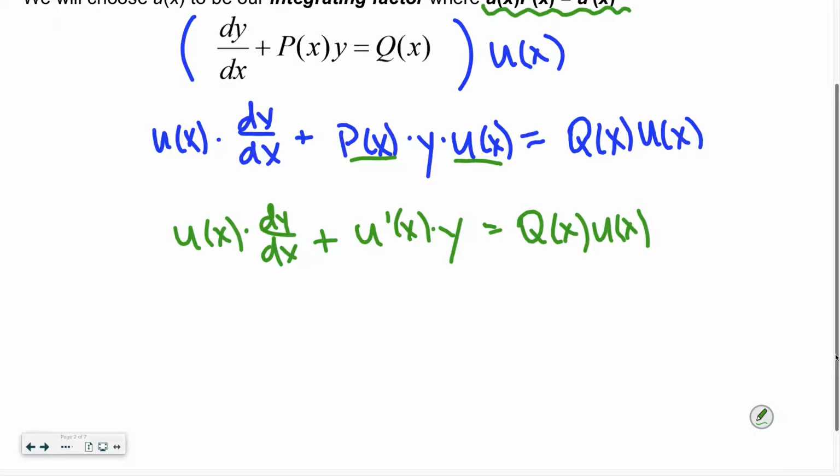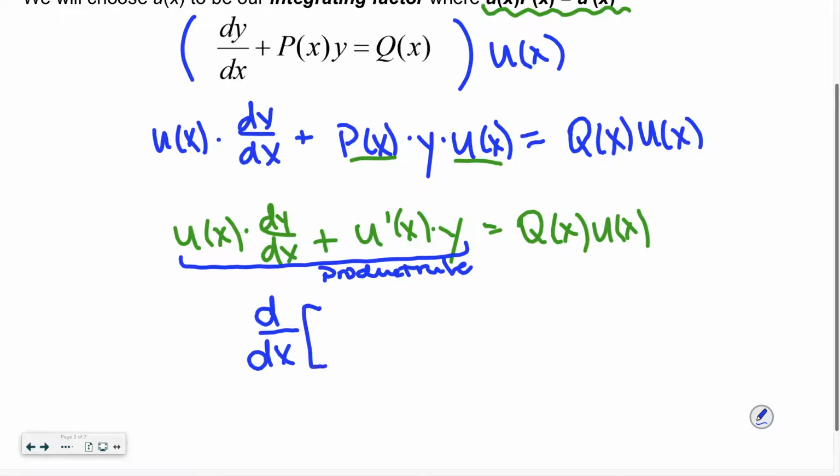Whoa, that's like the product rule, isn't it? Yeah. What is it the product rule of? U of x times y. So this is the product rule from when we take the derivative of u of x times y, right?